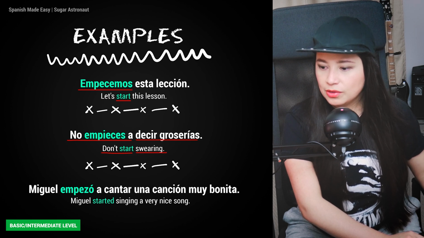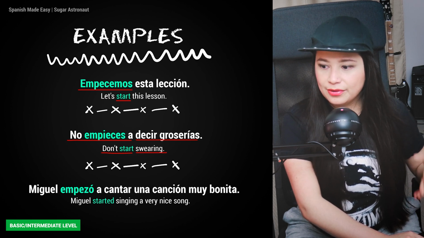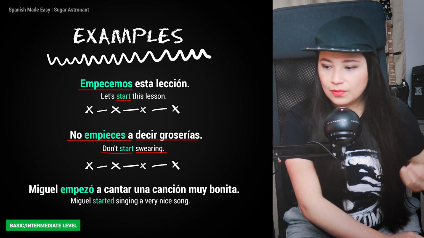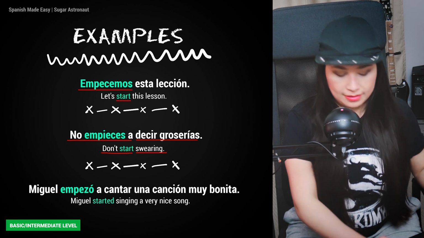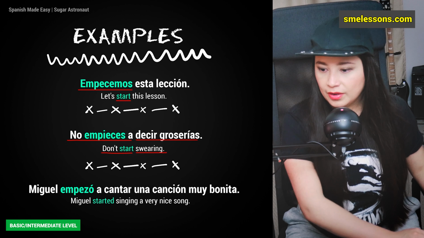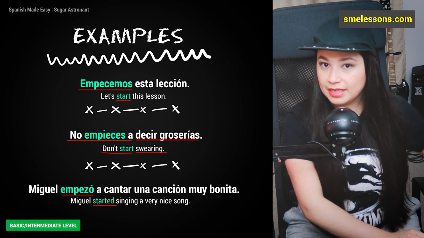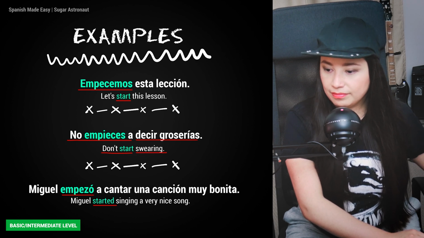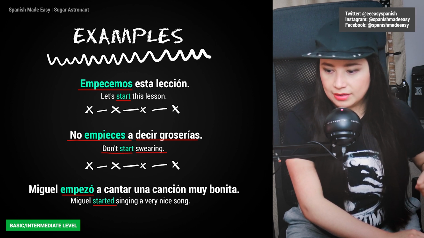Miguel empezó a cantar una canción muy bonita. This means Miguel started singing a very nice song. We can see the verb here, and it's in past tense. So Miguel was singing, right?